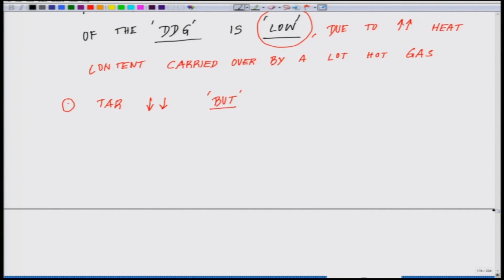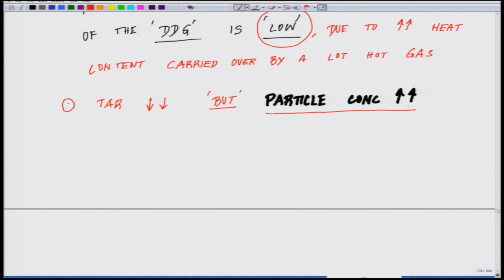But having said this, always remember the particle concentration is higher. So, on one hand you are getting a lower tar level, but you are simultaneously increasing the particle concentration.